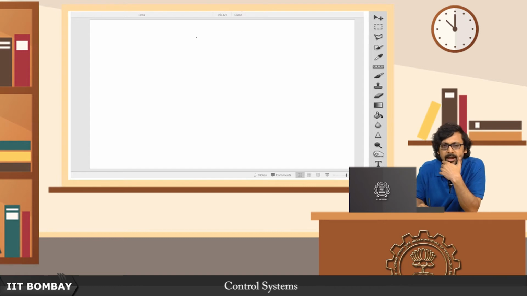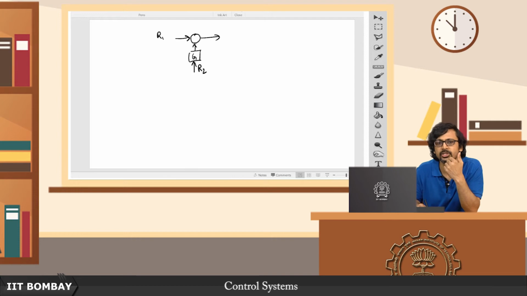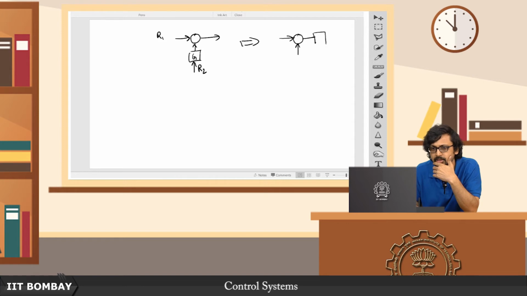So for instance, you have a summer here, and one signal R1 coming in here, and another signal R2 which is coming after being multiplied by this G here, and you want to actually push this G inside. So you want to reduce this to a structure where you only have R1 and R2 coming here, and you want to push this G in here.